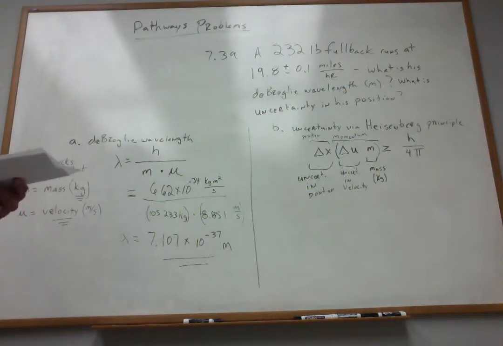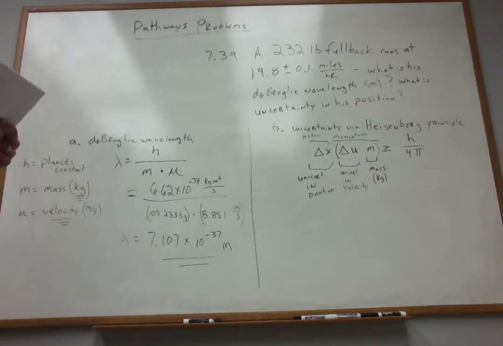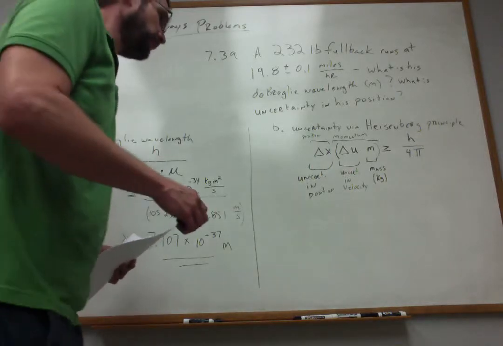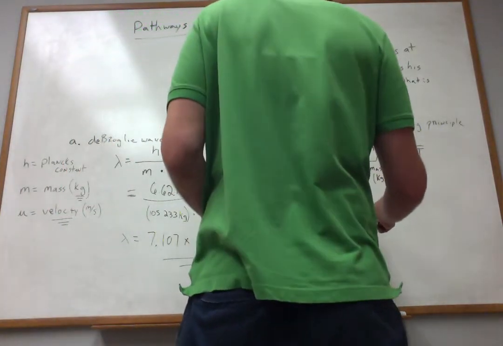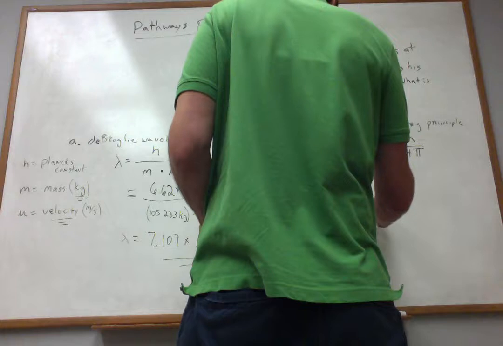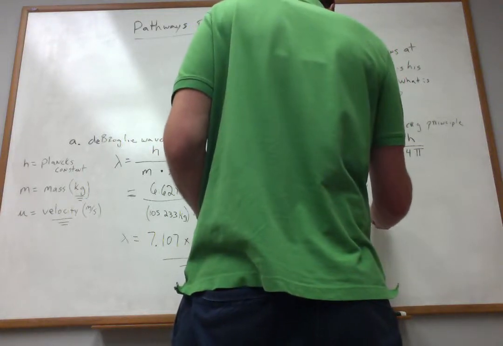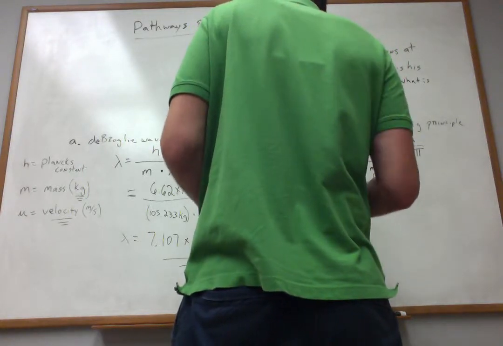Now let's see if we can use this principle quantitatively to compute the uncertainty in position of this fullback based upon this principle, okay? And it's actually not too difficult. The first thing that we're going to have to do, oops, my marker's running out on me.